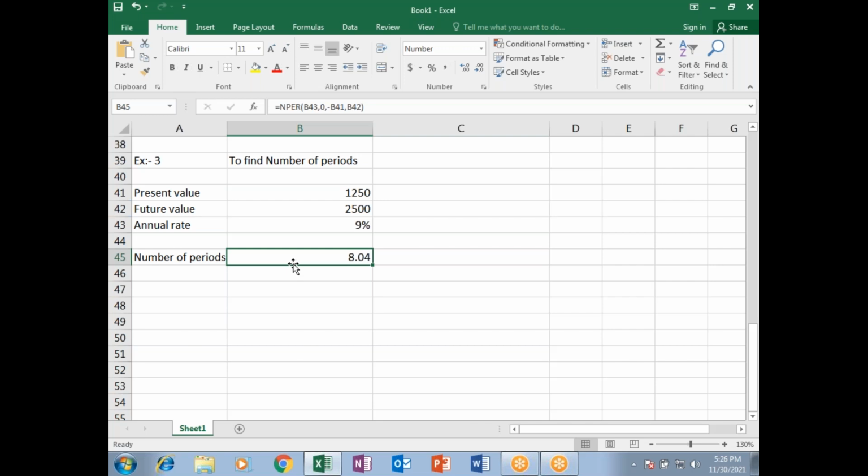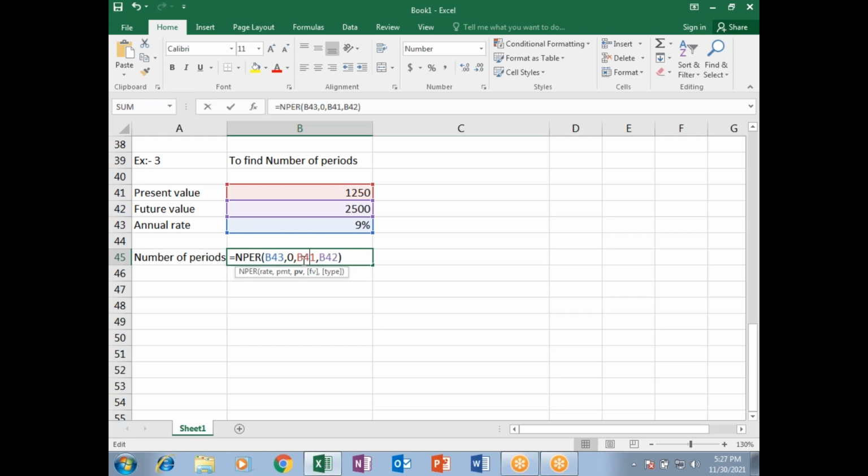If I don't represent that negative number, then it will give a NUM error instead of the answer. So for the two positive numbers, I need to assign the negative number for one.